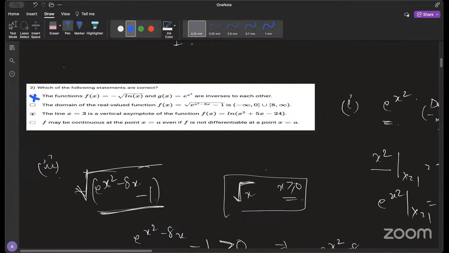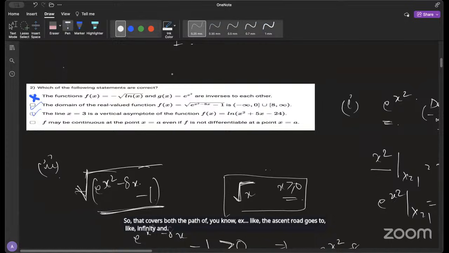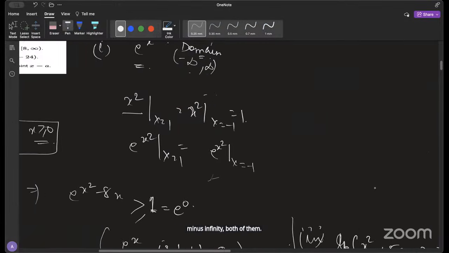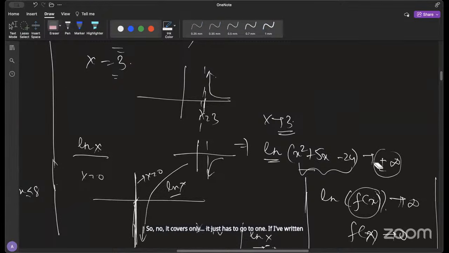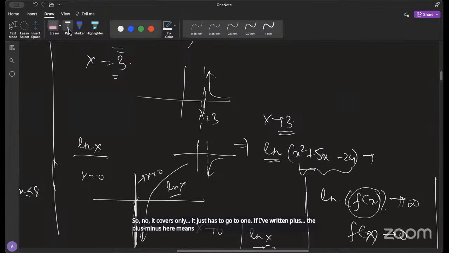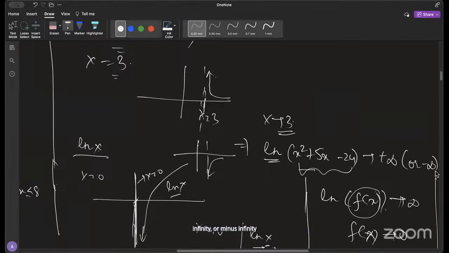So that covers both the paths, like the asymptote goes to infinity and minus infinity, both of them? No, it just has to go to one. The plus minus here means either plus infinity or minus infinity. If it goes to one of these two, then I say that x equals 3 is a vertical asymptote of this. That's how you define vertical asymptotes, right?